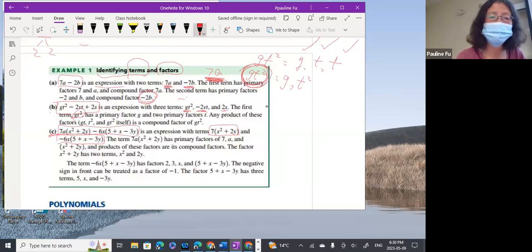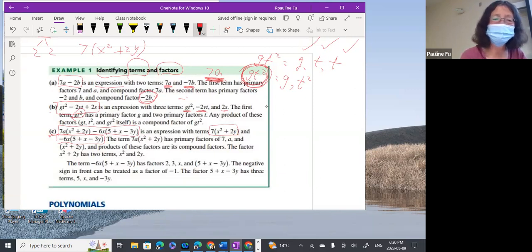Identify the primary factor for this one.